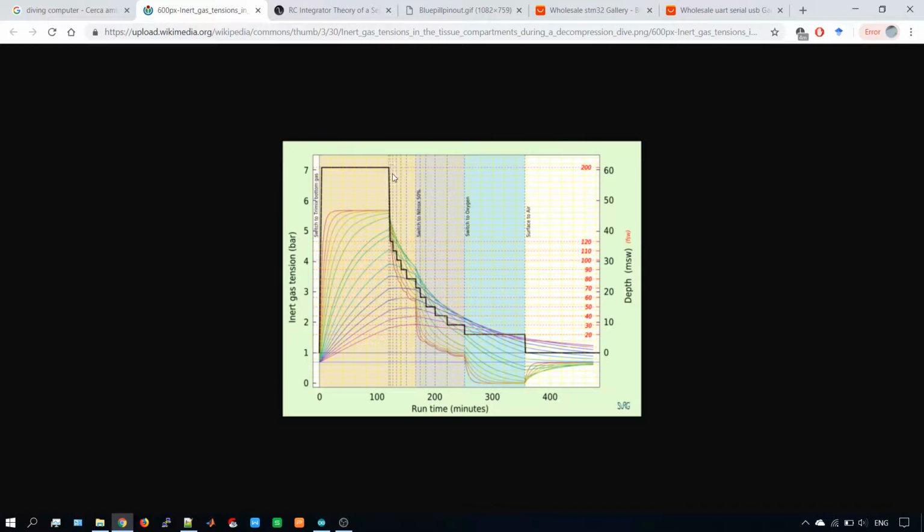Then you start to go up again, you decrease the pressure, and eventually the situation will be reversed. Some parts of your body have a higher equilibrium pressure than the one you are at, so you are releasing nitrogen, and you need to do this in a slow way. That's why you have this scale here, in which you don't create too many bubbles that can injure yourself.